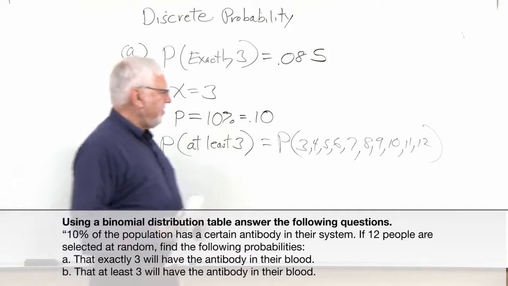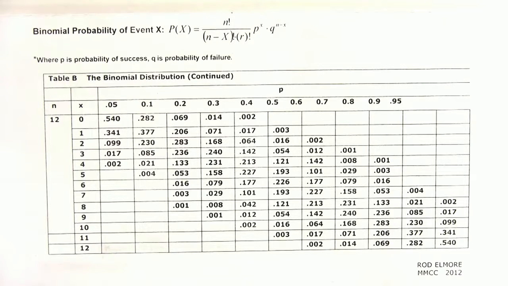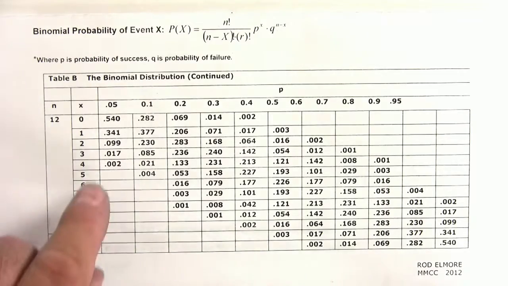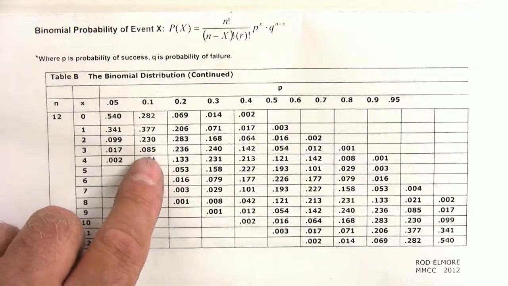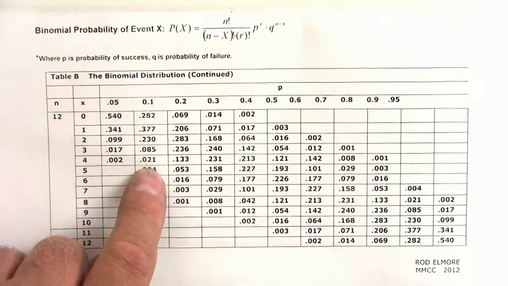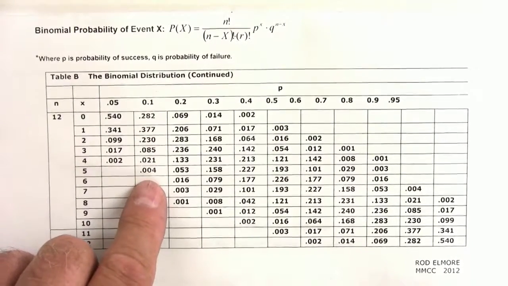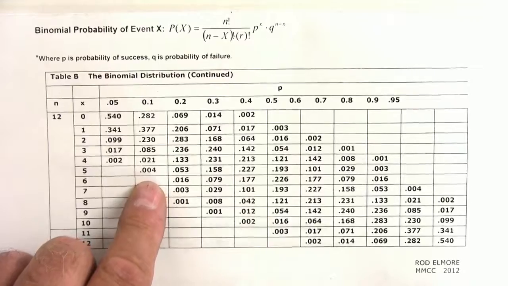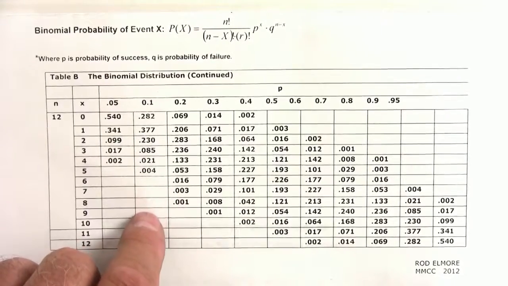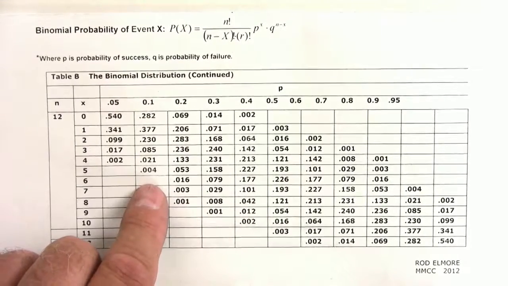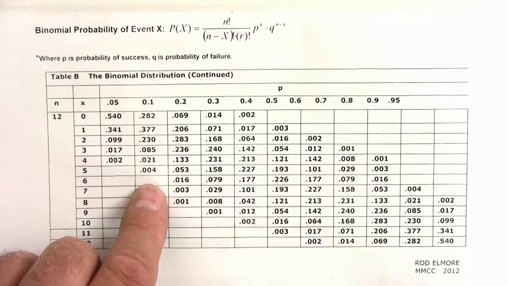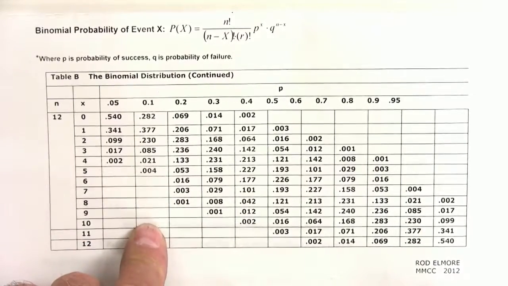So now if we look at our table, where are all these on our table? Well, if you look, for 3 we've got 0.085, and then 4 would be 0.021, and 5 would be 0.004. And then you notice these down here don't have anything in them. It's not that it's not possible, but it's just so small that we don't need to even consider it.